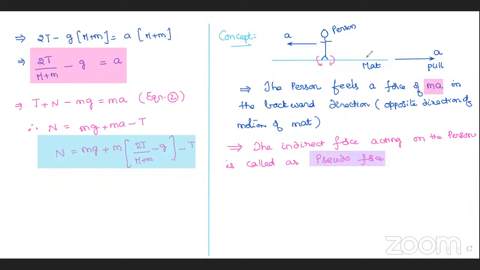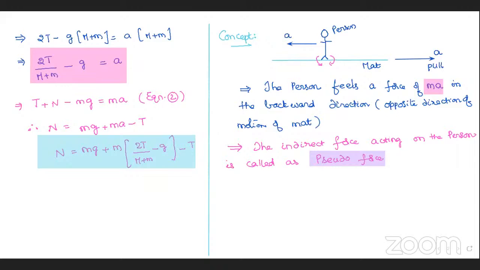If you pull the mat forward, the person will fall back. Suppose, simple, you sit in a bus, suddenly the bus starts, then you fall back.